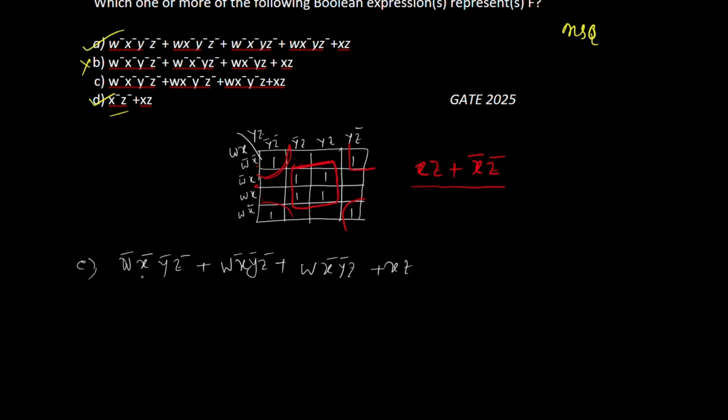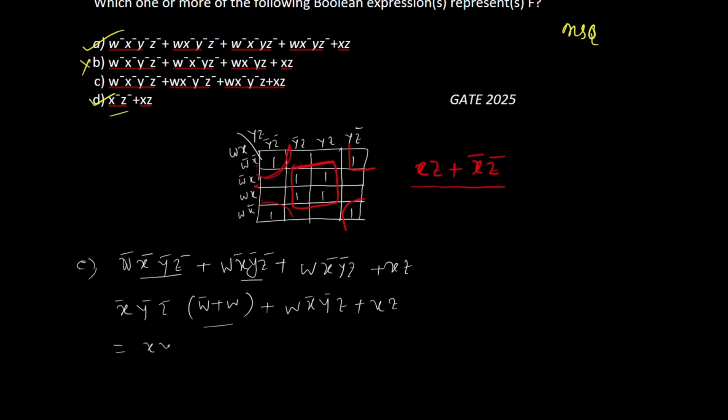Now here x bar y bar is the common factor. Taking it common, the remaining part is w bar z bar plus w z bar, plus w z. So here it is 1.